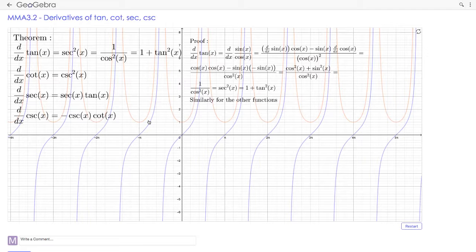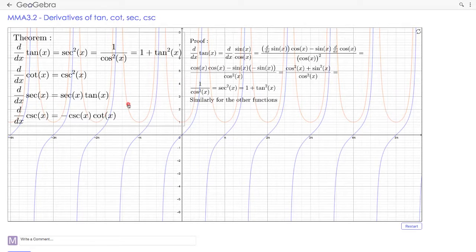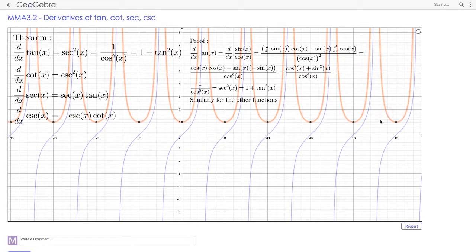So just to indicate that this makes sense, I've drawn the tangent function here and the 1 over cosine squared of x here. So does it seem reasonable or look reasonable that this function here is the derivative of this?